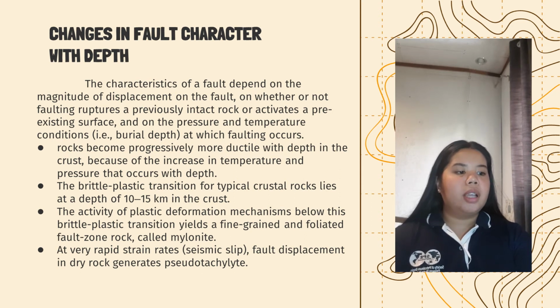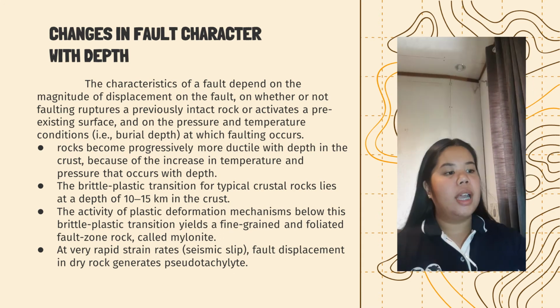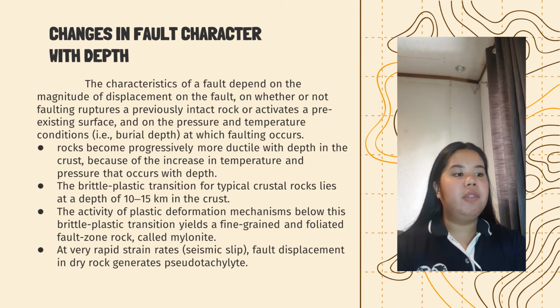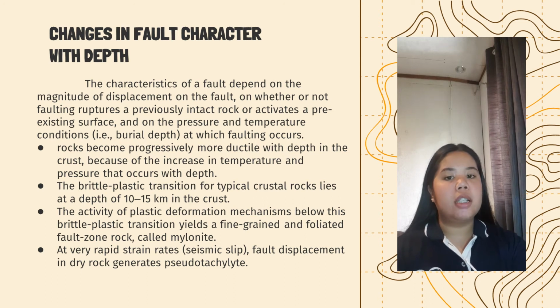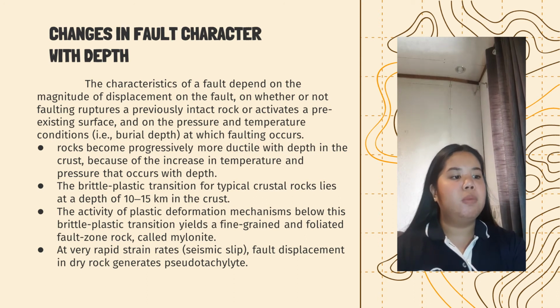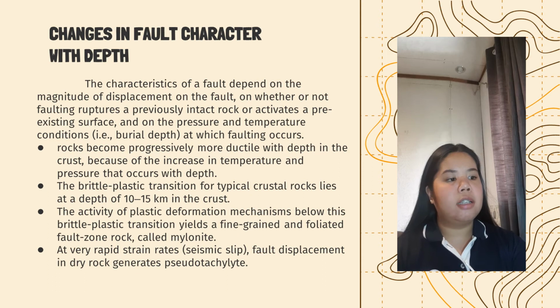mylonite. The degree of ductile deformation that accompanies faulting depends on the strain rate and on the fluid pressure. At slower strain rates, a given rock type is weaker and tends to behave more ductilely. Thus, rocks can deform ductilely even at shallow crustal levels if strain rates are slow, whereas rocks below the brittle-plastic transition can deform brittlely if strain rates are high.